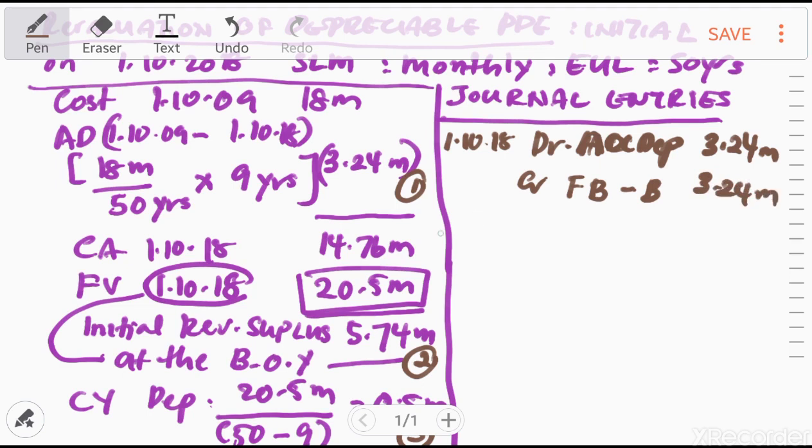The next one is on the same date: you revalue at the beginning of the current year.